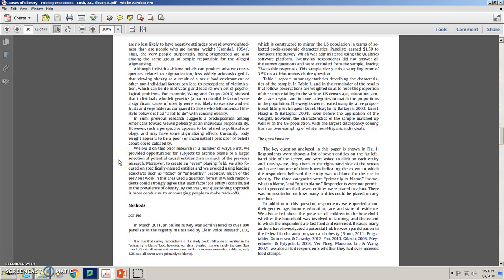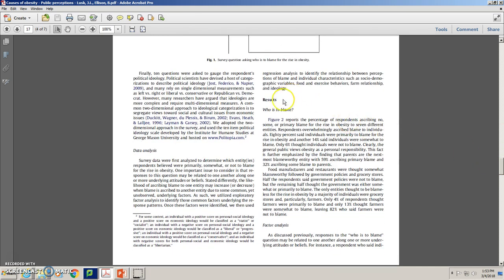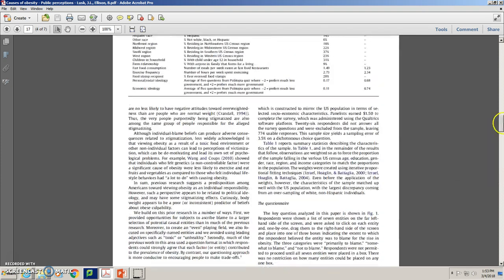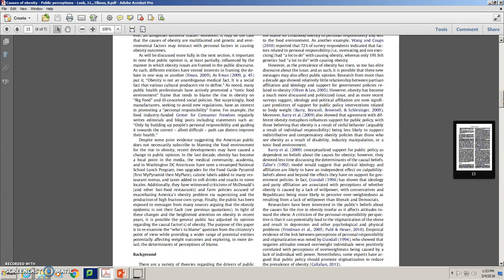The introduction and background will explain the aims of the research. Next, we have the methods, and then the results. Now, there's a lot of detailed information in the journal article itself.